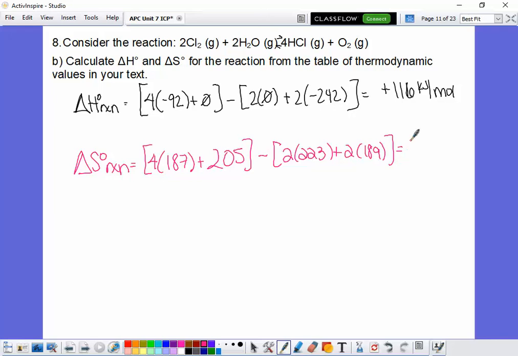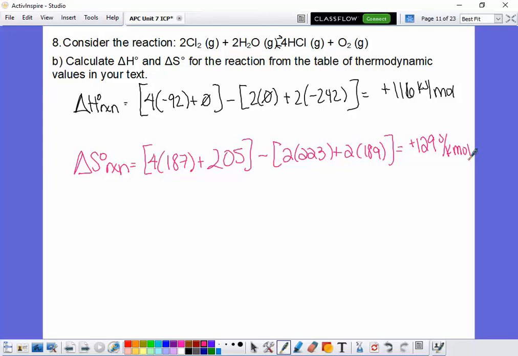What do you get as your delta S? And what are the units here? Joules per Kelvin mole. And that's all we have to do for B. It was just what's the delta H and what's the delta S.